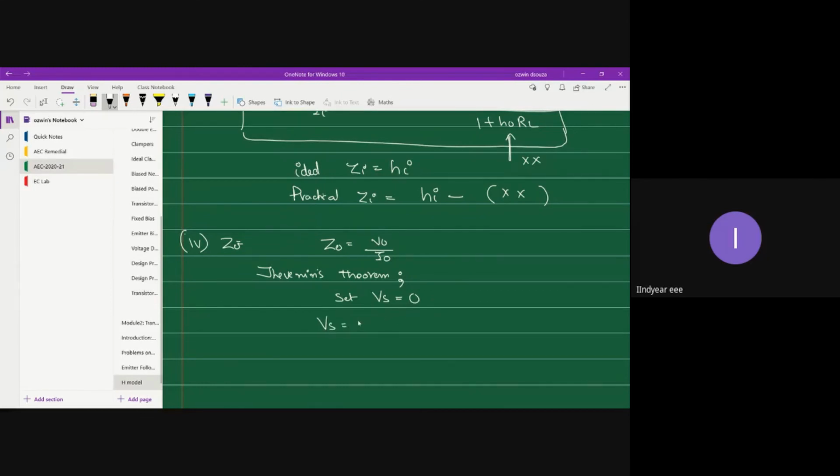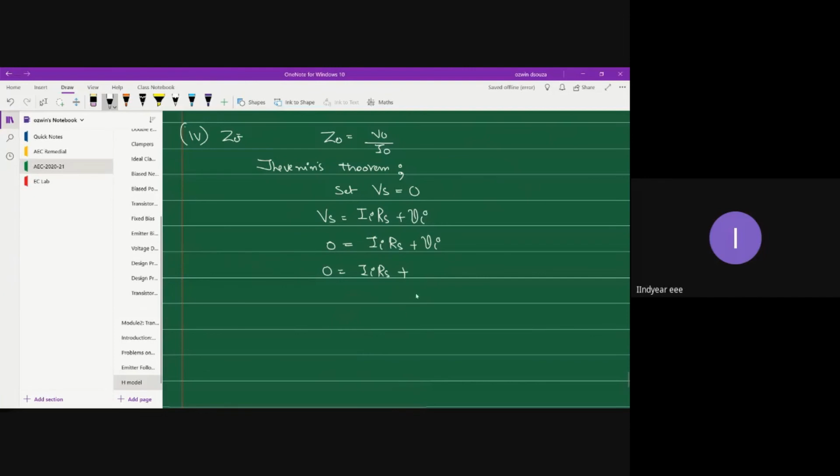In the beginning I have written Vs is basically Ii into Rs plus Vi. Since you are setting Vs equal to 0, the LHS becomes 0, and it is Ii into Rs plus Vi, or 0 is equal to Ii into Rs plus Vi.